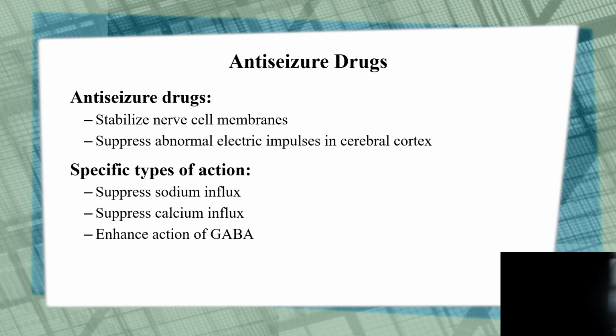So one specific way that anti-seizure drugs work is to suppress the sodium influx, and by doing that, it prolongs the sodium channel inactivation and thereby prevents the neurons from firing.